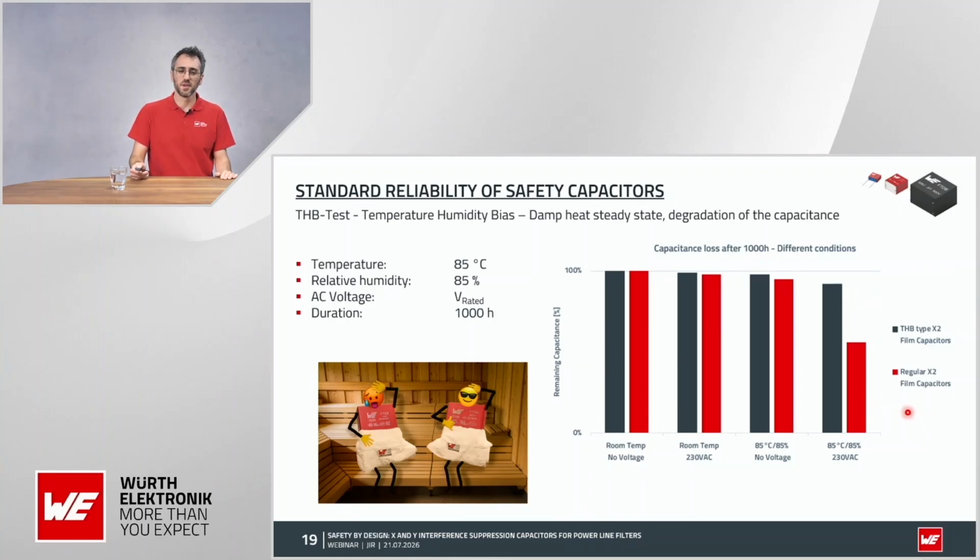Regular X2 film capacitors are not intended to pass this test, and as you can see, we have lost maybe half of the capacitance. But the THB type capacitors are, as I mentioned before, intended to pass this type of test, and this is also why we call them THB types. So THB just means temperature humidity bias.